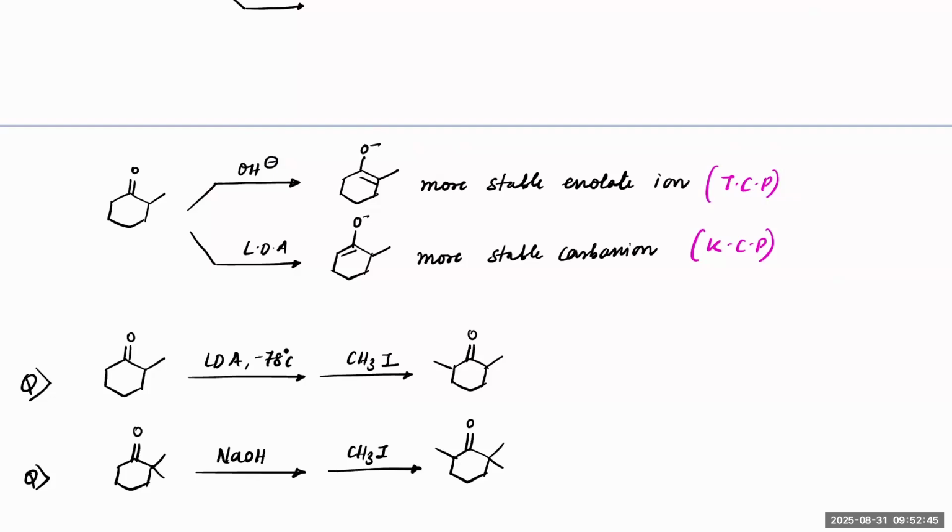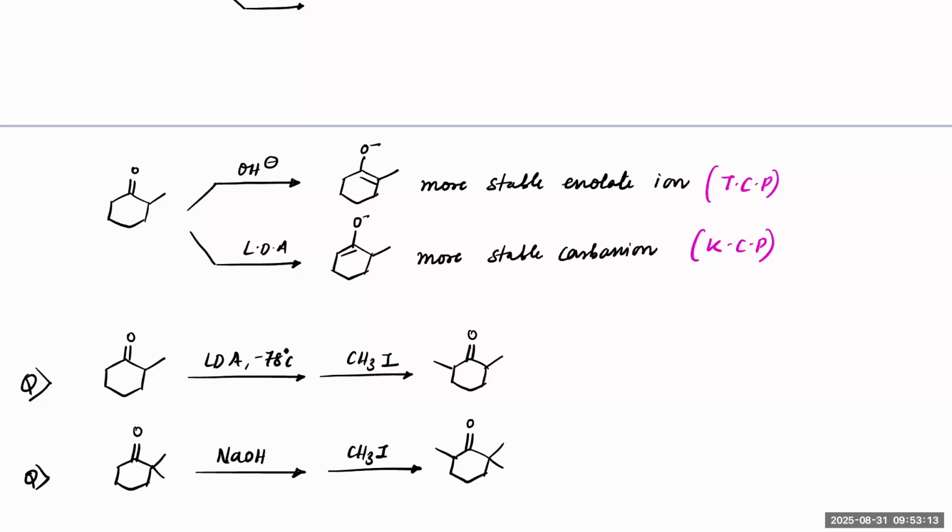And you know that whenever we say kinetic product, that means we are looking for a direction where the intermediate is more stable. When we say something is a thermodynamically controlled product, that means the product is more stable. Girls, clear beta?